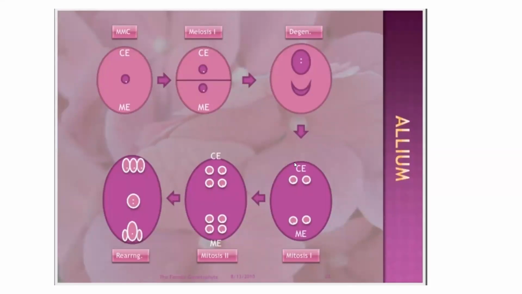The megaspore mother cell undergoes the meiotic 1 division, and 2 cells are formed. So this is known as a dyad. The chalazal dyad cell becomes functional.